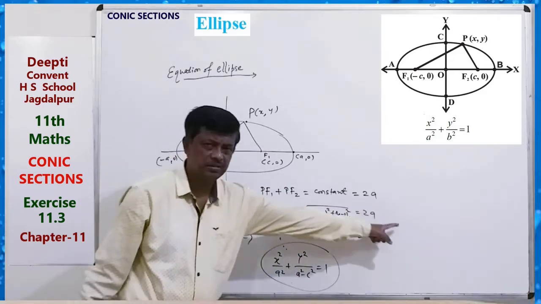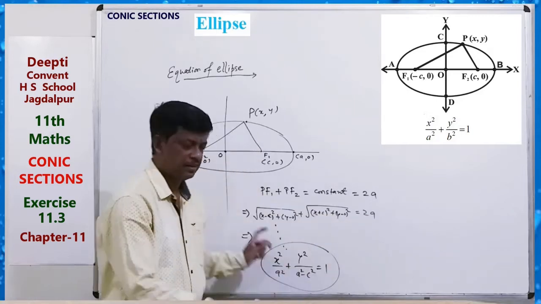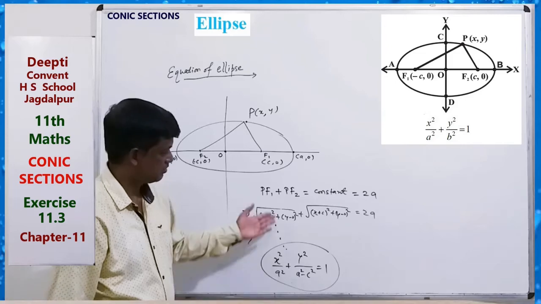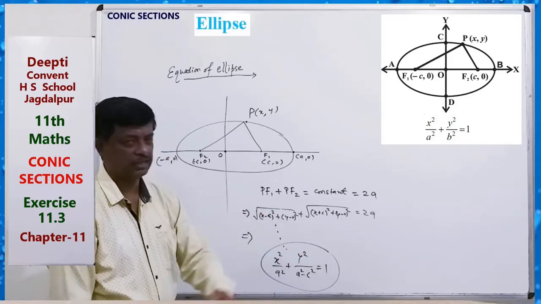Just transfer to the right hand side, square on both sides and adjust, then you can get like this.